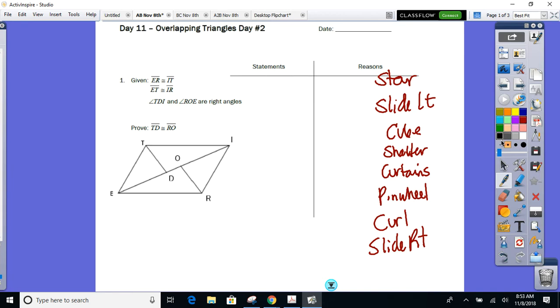All right, let's go. Here we go. Slide right. Curls. Pinwheels. Curtains. Shatters. Cubes. Slide left. Star. No stars. Okay.